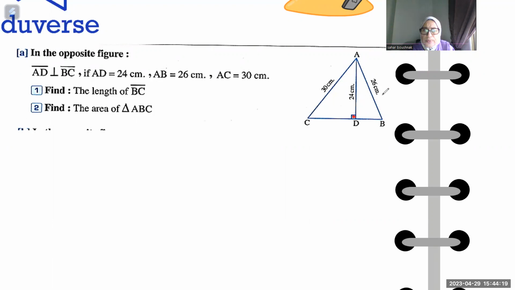AD is 24 and AB is 26 and AC is 30 centimeters. Find the length of BC and the area of triangle ABC. Okay, so this is given.